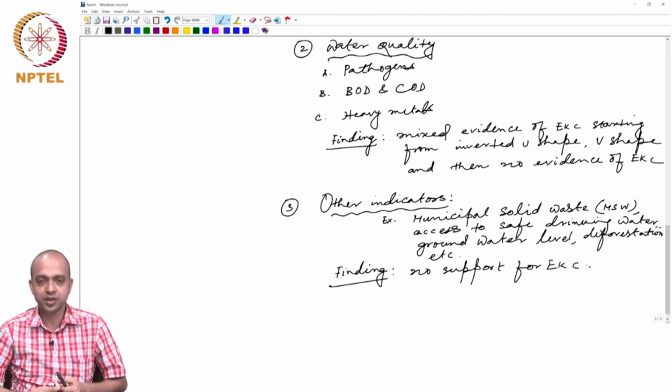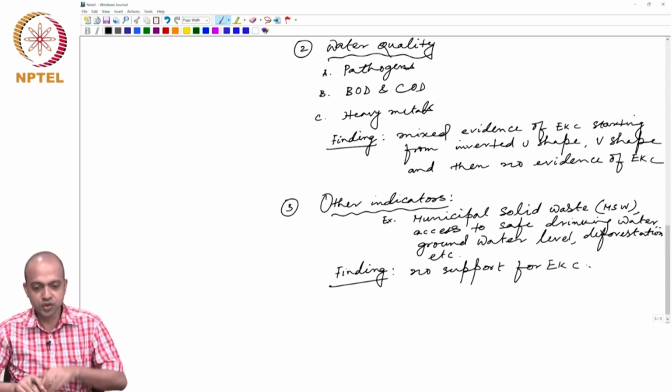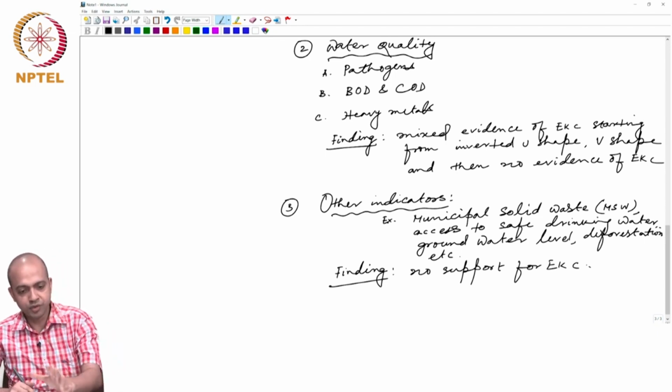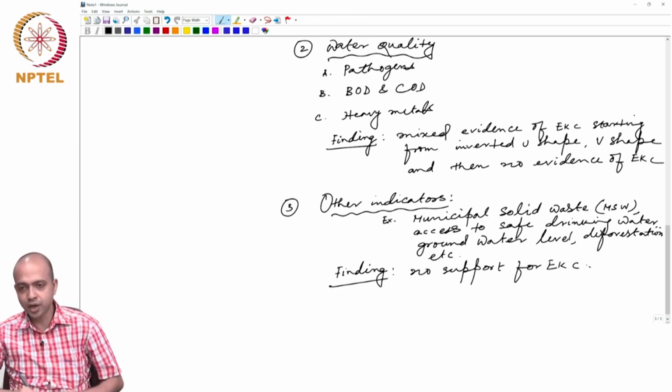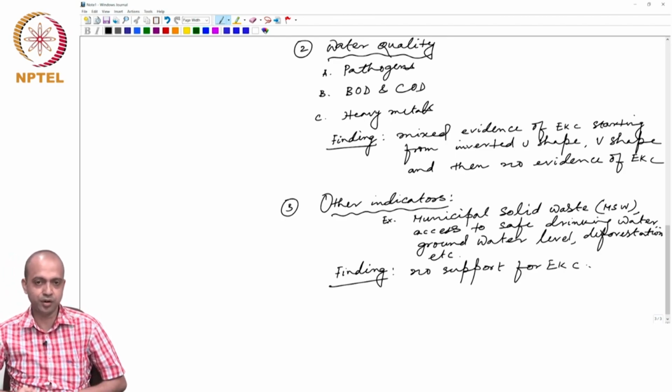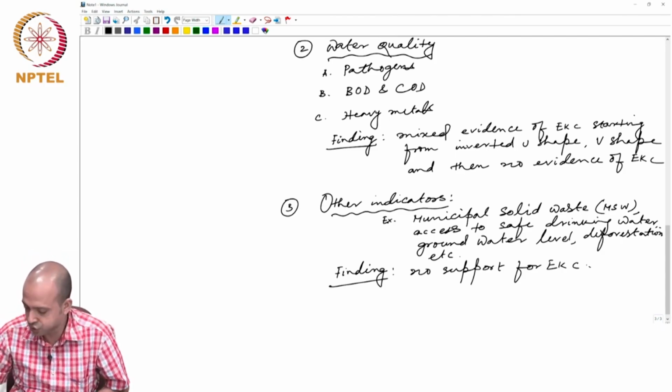They should not generalize the findings for one type of pollutants and apply it universally. This is what we understood from this analysis, which says that the findings of the relationship between environmental quality and per capita income heavily depend on what is the indicator we are using to measure environmental quality. That is the first question.